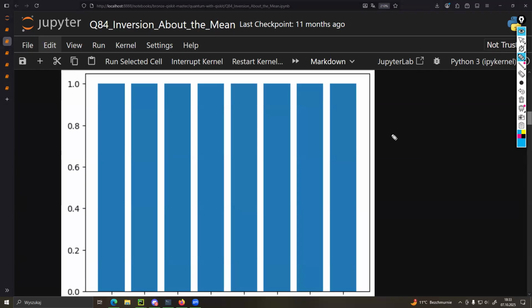So for example, out of this 1, 14, 7, I want to mark 7. Mark 7 as wanted, and then make an operation which boosts the chance of finding the 7 after performing my algorithm.